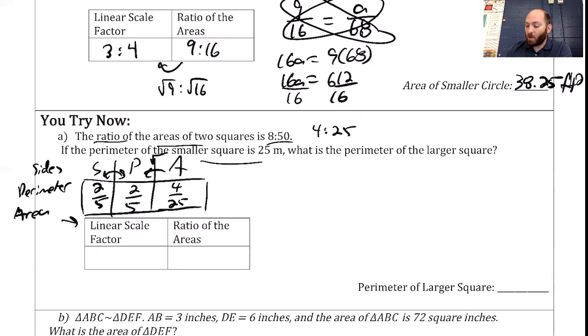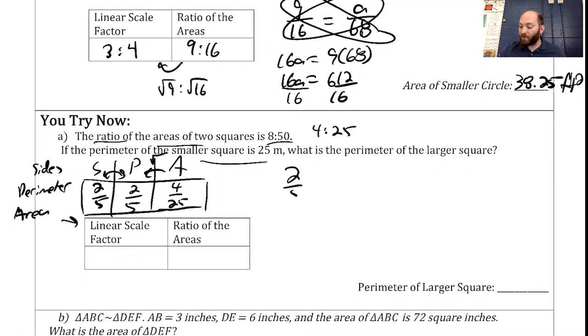If the perimeter of the smaller square is 25, what is the perimeter of the larger square? The most common mistake I see in problems like this is trying to use the 8 over 50 with the perimeter here. So instead of using the 8 over 50, I want to use 2 over 5. I'm using 8 over 50 to identify 2 over 5 as my proper ratio.